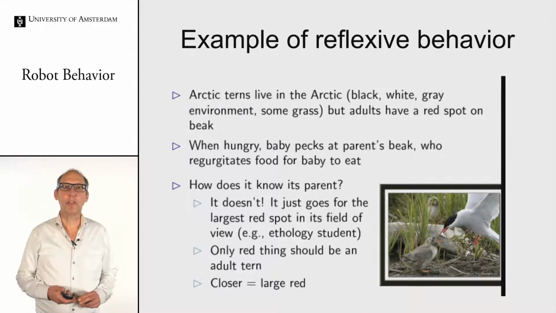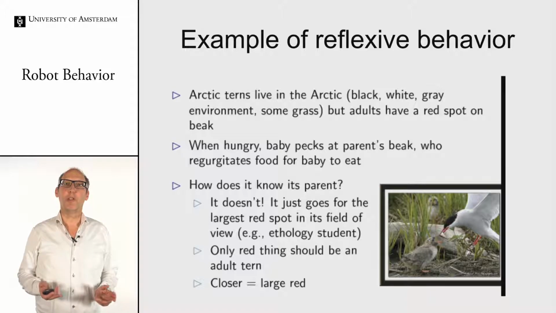One example that's studied quite often is the Arctic tern, in Dutch de stern. Those terns go fishing, and when they come back to their nest, their young are waiting for them. And once the parent arrives, they open their beak to be fed.